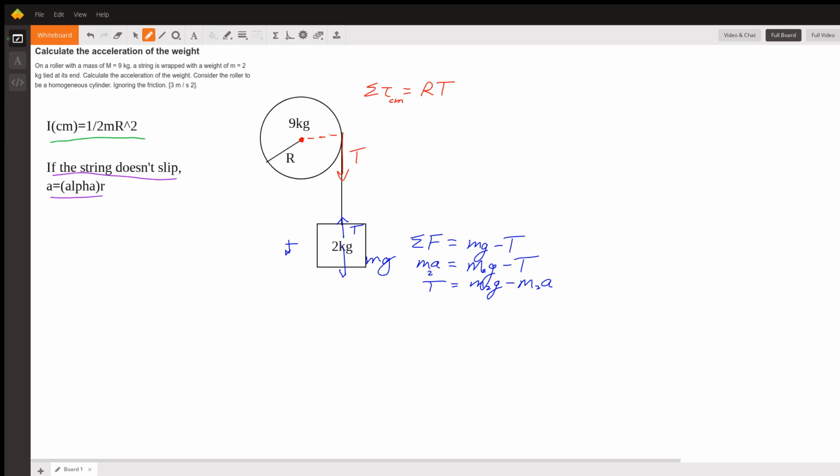Well, by Newton's second law for rotation, I know that net torque equals I alpha. Now I can substitute the moment of inertia, 1/2 mr squared, equals RT.